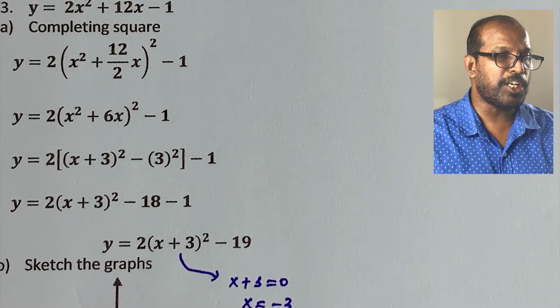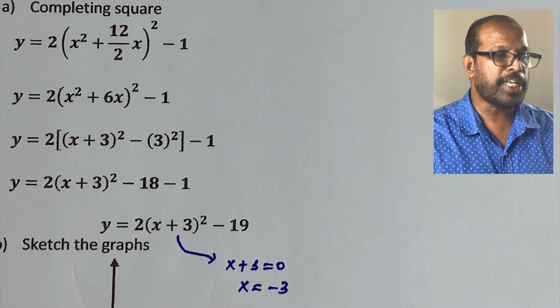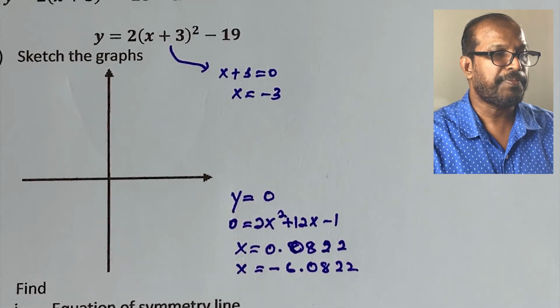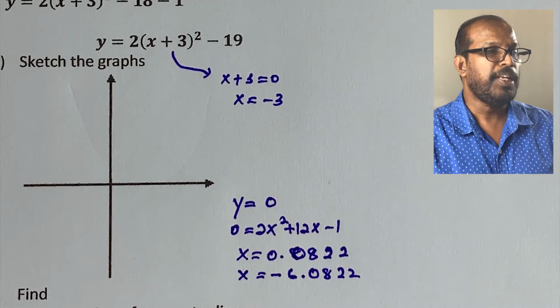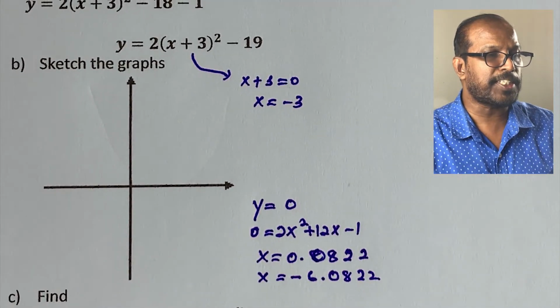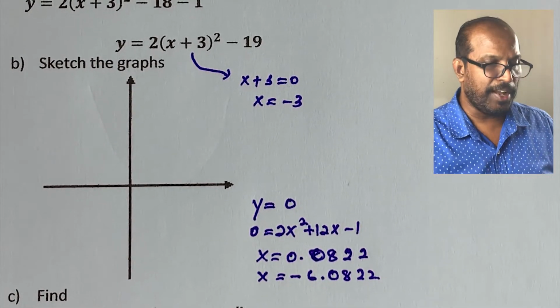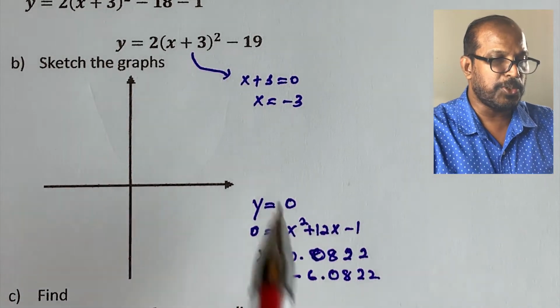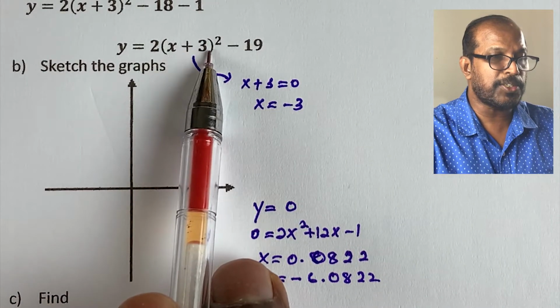Now we're going to use the completing the square to sketch the graph under section B. Now let's sketch the graph. When I want to sketch this graph, the first thing I need to look at is x plus 3 inside the bracket equals 0.